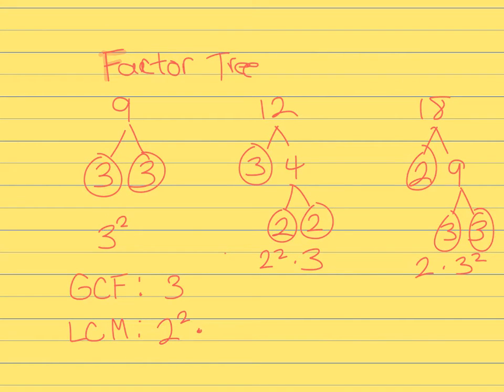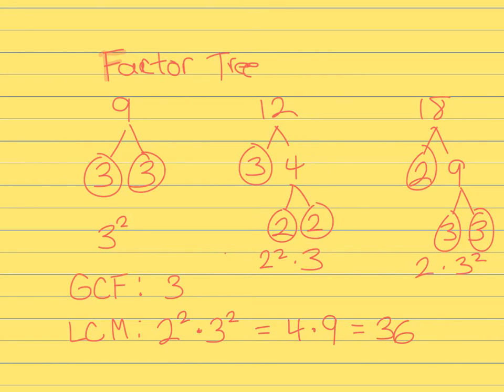So the highest power of 3 that we have is 3 squared. So we're going to write that. And then obviously 2 squared is 4, and 3 squared is 9, and that equals 36. So the LCM once again is 36.